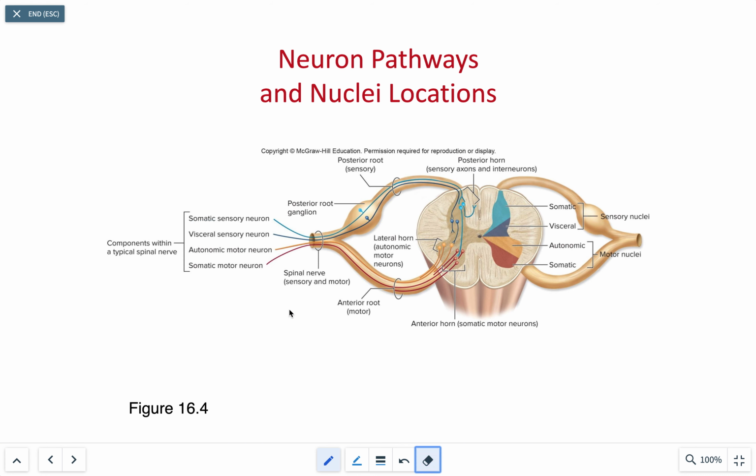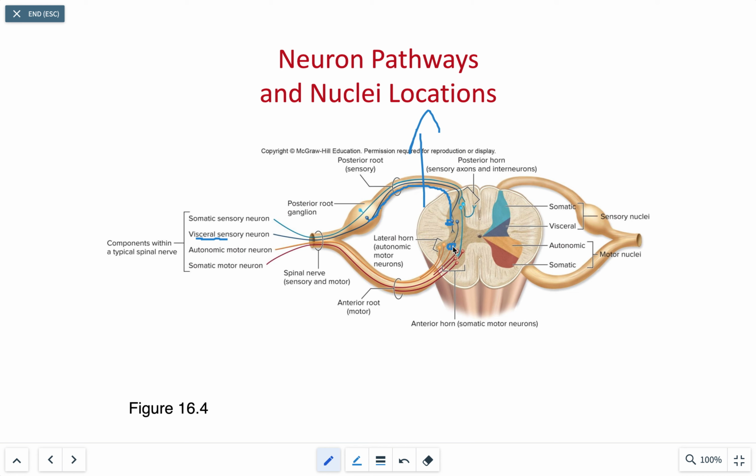Say, when we're talking about the visceral, let's use the visceral pathway. Your body senses that you've eaten a large meal. Eventually it's going to hit the ascending pathway to the brain. Your brain is going to process that, and as it comes down, it will hit the autonomic region.